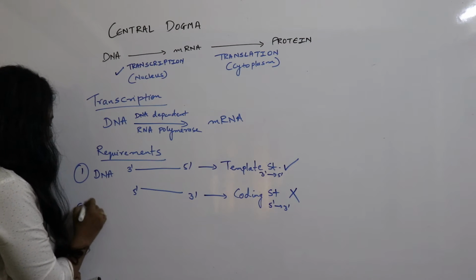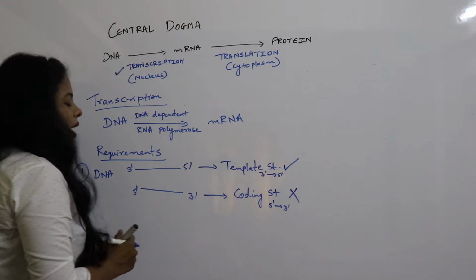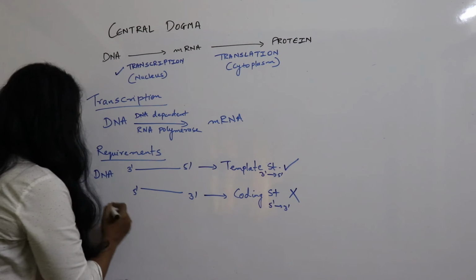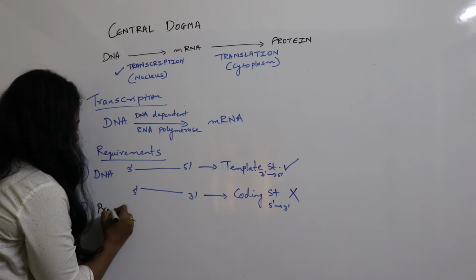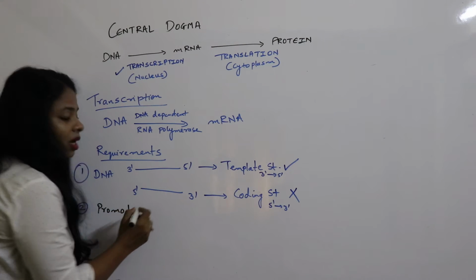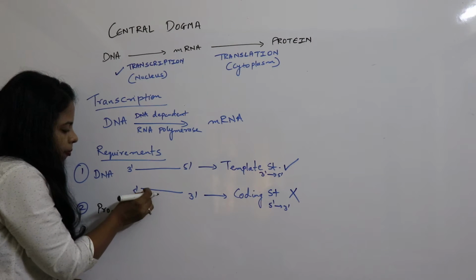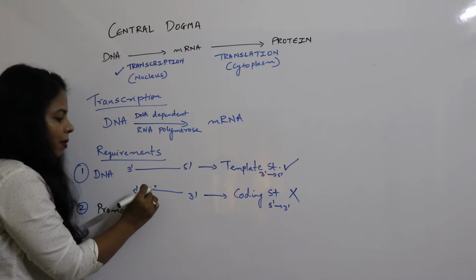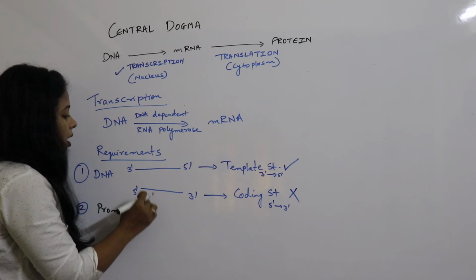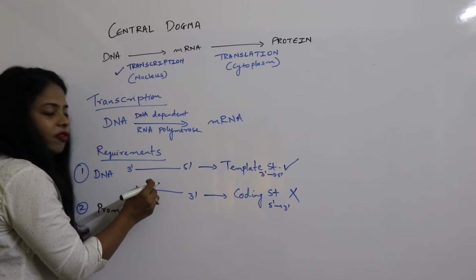Now second requirement is you require promoter. Okay, now what is promoter? Promoter is a sequence which is present upstream, that is near the 5' end of the coding strand. Okay, this is the sequence of DNA.